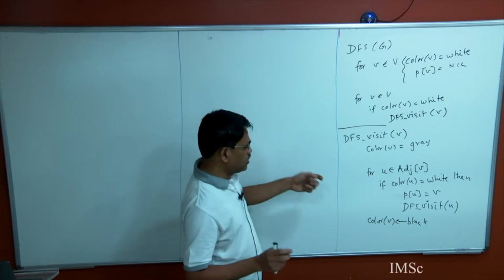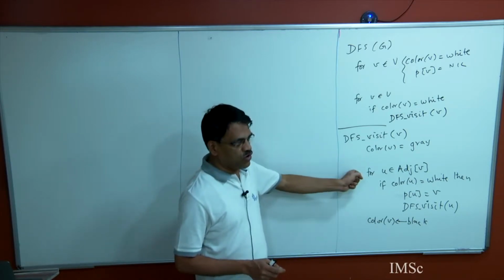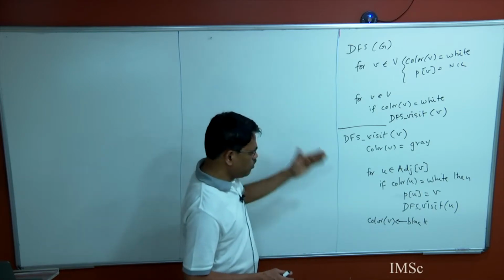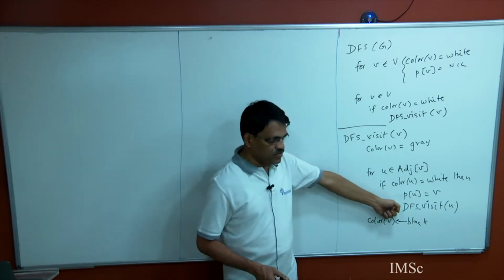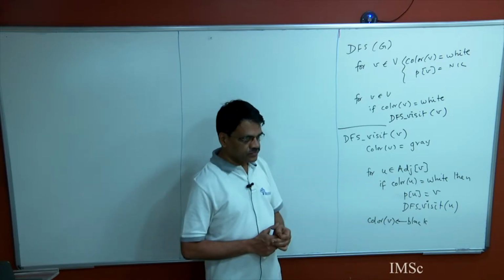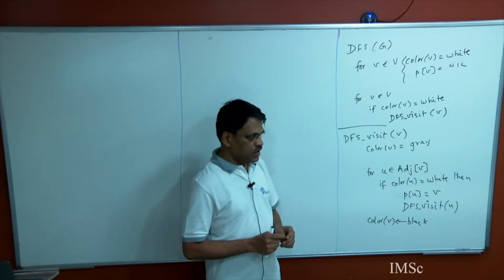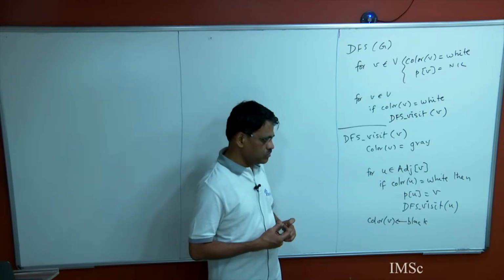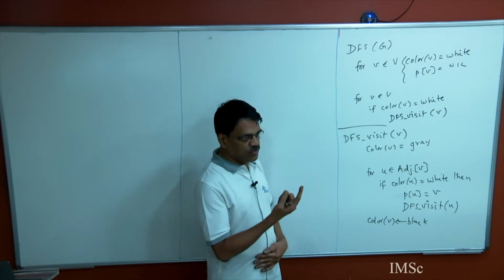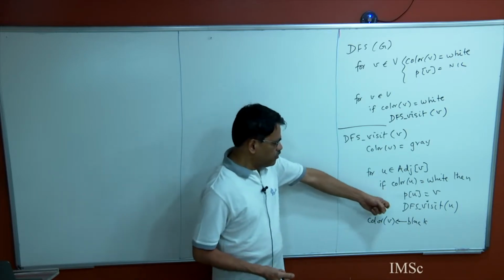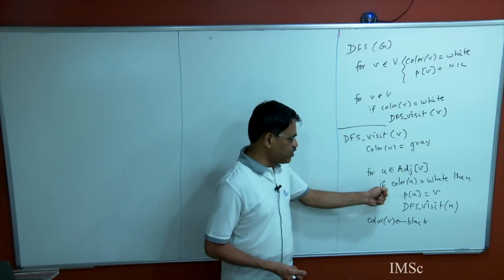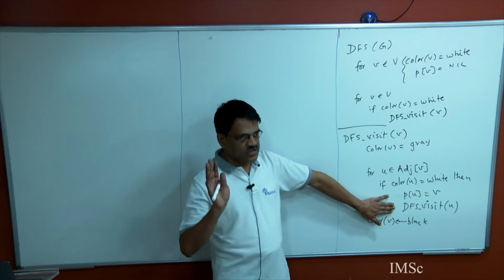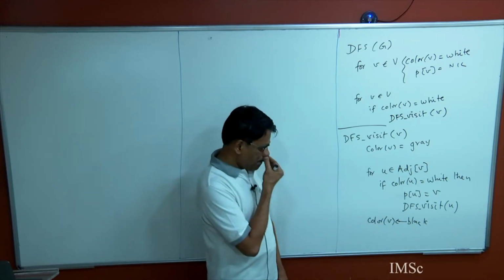No, overall, not in one instance of the for loop. I'm trying to do an aggregate way of analyzing it. So overall, how many times would this statement be executed? Yes, at most once per vertex, because the moment you start exploring, the color becomes gray, and then you will never explore it again because you are exploring only white vertices. So this is called at most n times.